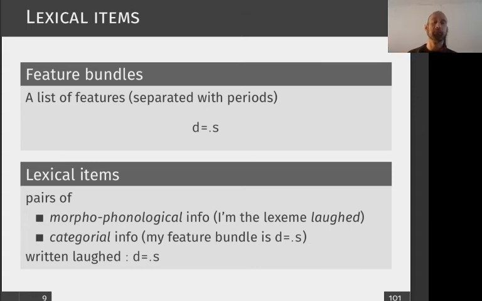So a lexical item, again, for laughed would have to contain information that it is a particular lexical item, namely laughed, and that it has a feature bundle of a particular kind. This actually glosses over an important distinction, which is that a lexical item, I think, doesn't need to have any morphophonological information on it.